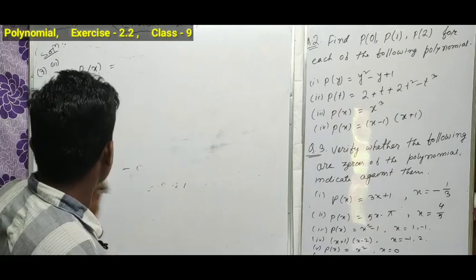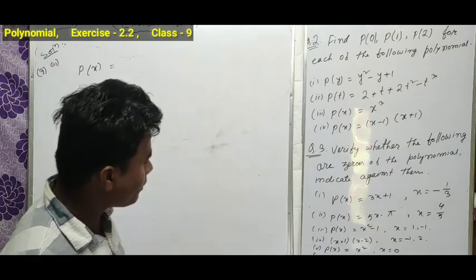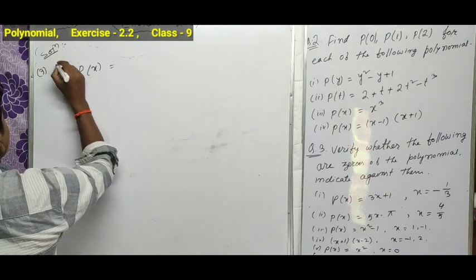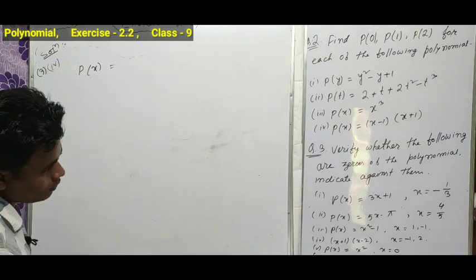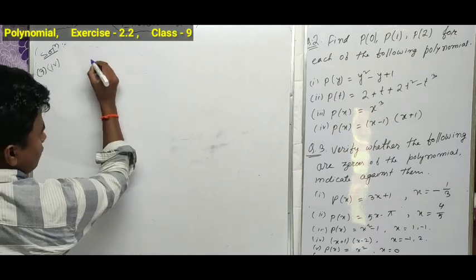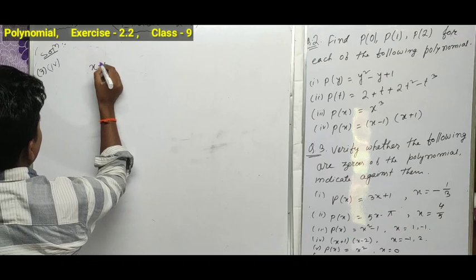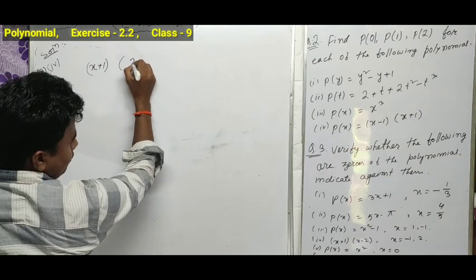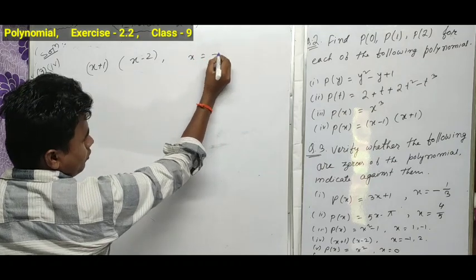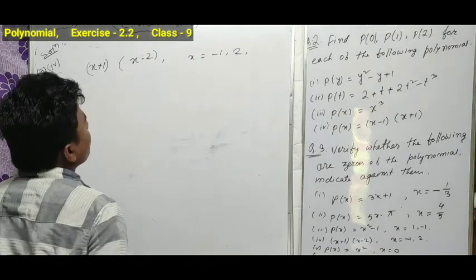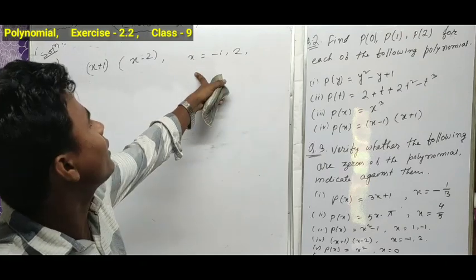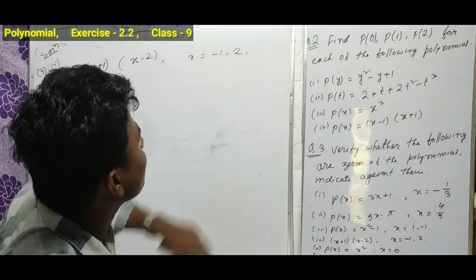Next one you can see number 4. What is the number 4? X plus 1 and then x minus 2, where x equal to minus 1 comma 2. Okay, x plus 1, x minus 2 and x equal to minus 1 comma 2.